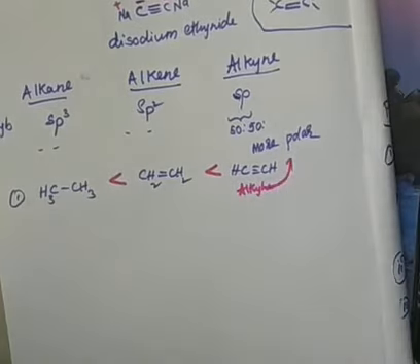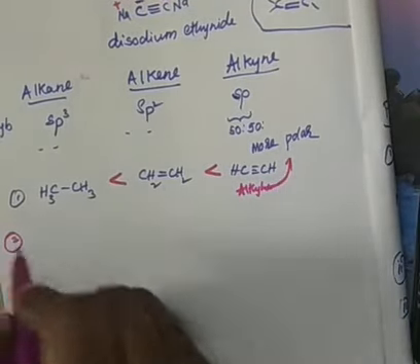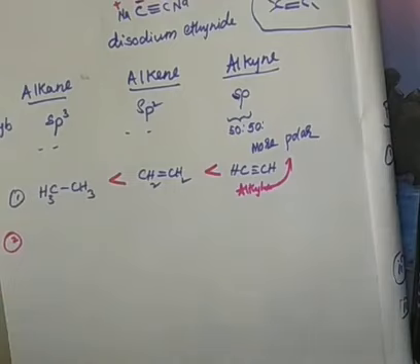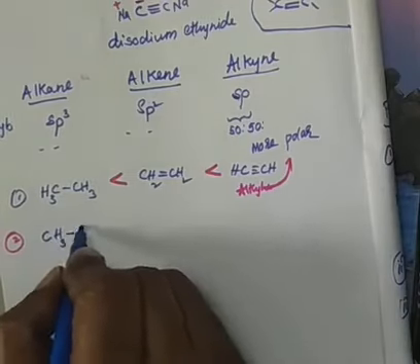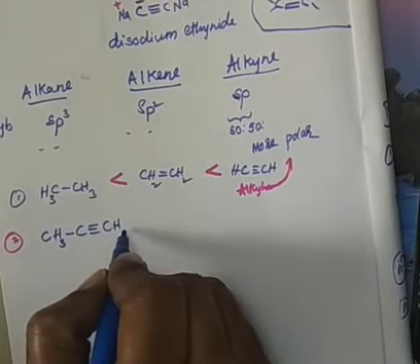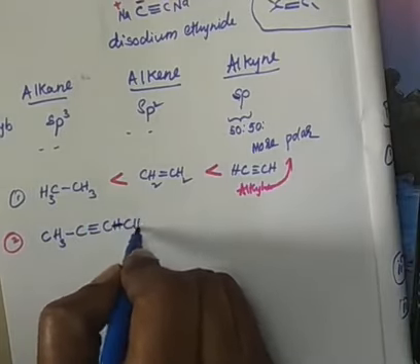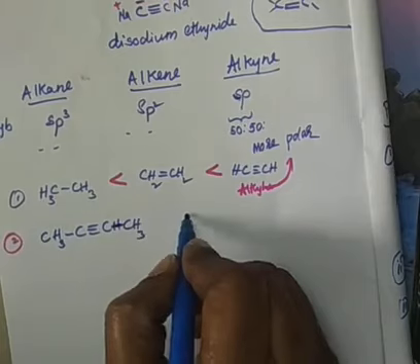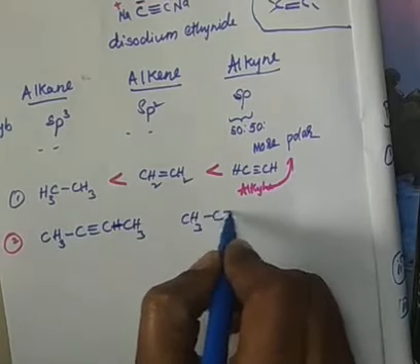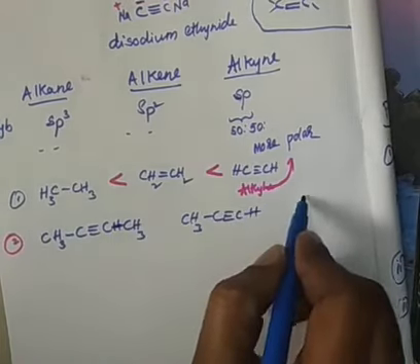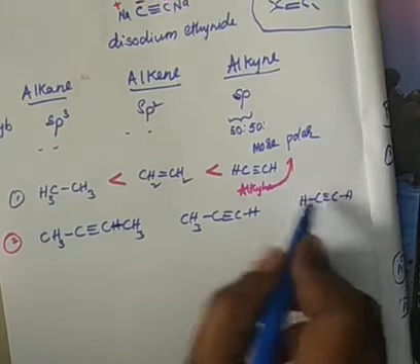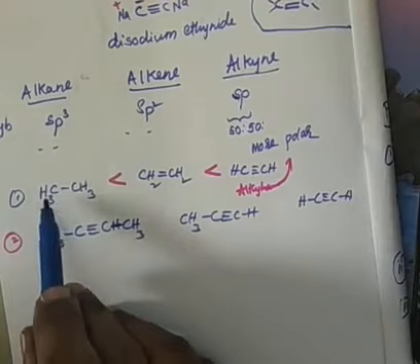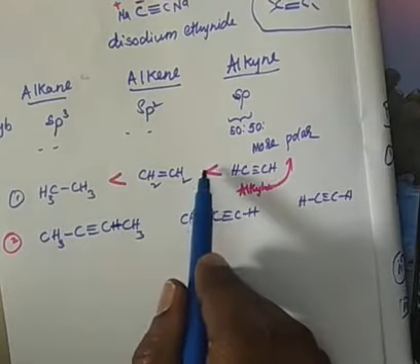Then in an alkyne, if substituents are present, for example CH3 on both sides, or one substituent on one side and none on the other, that is acetylene. When I compare with alkane and alkene, alkyne is more polar.